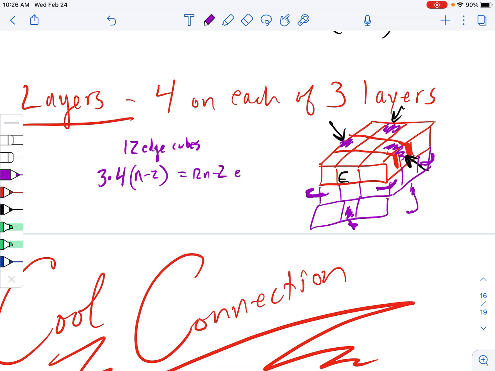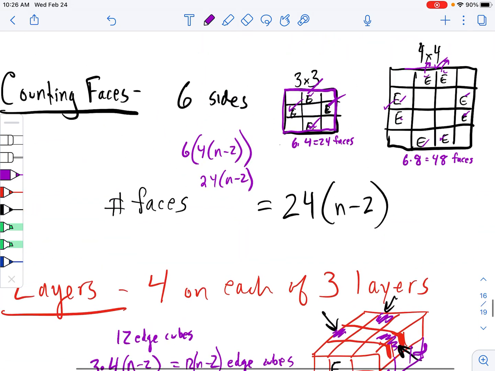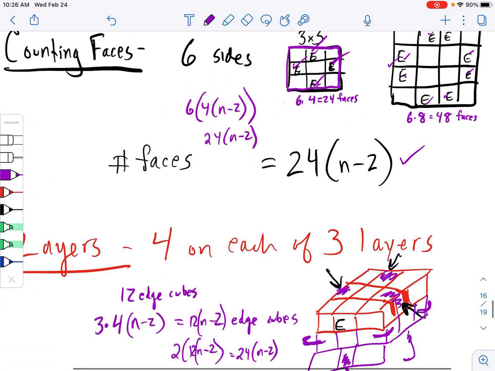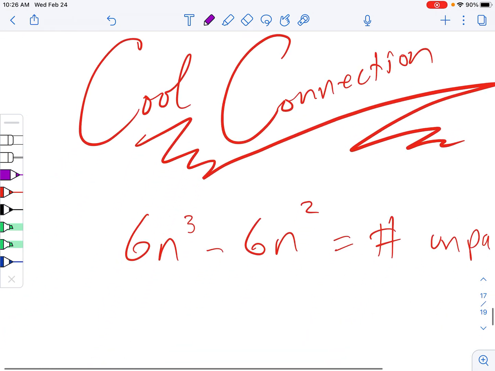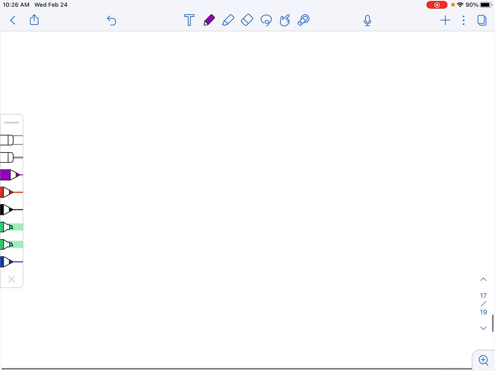So 12 times n minus 2 edge cubes. And then if they each give 2 faces, don't I get 24 times n minus 2 yet again? So I've now shown in 3 different ways how you can get 24 times n minus 2. So I'm confirming my data.